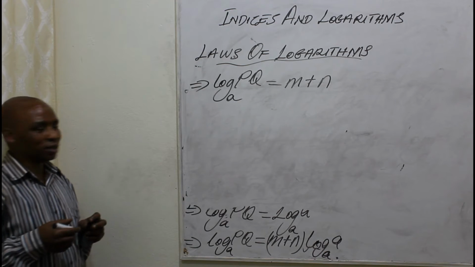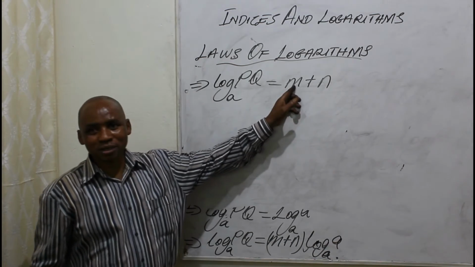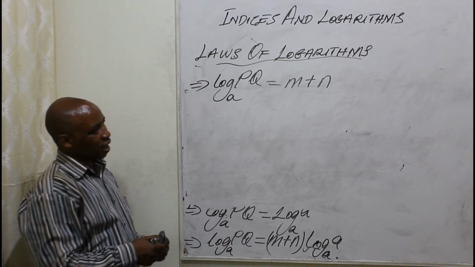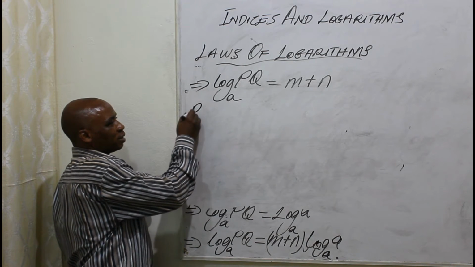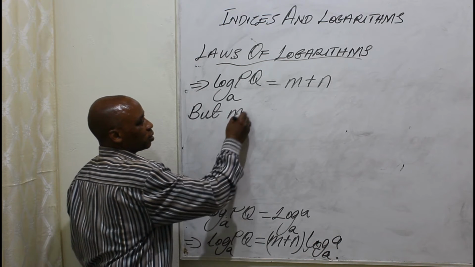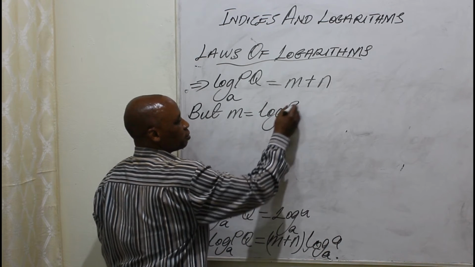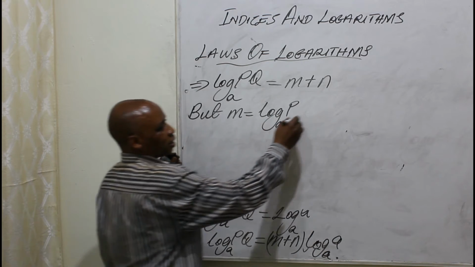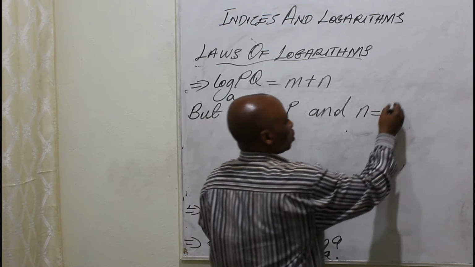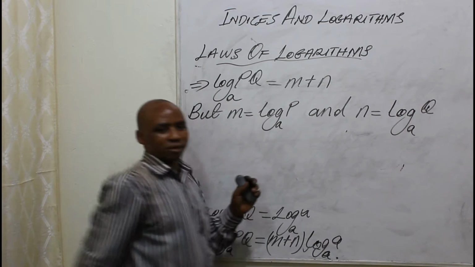Then from the early stages, that's why we said let p be equal to a^m. We ended up expressing it in logarithm form. And there we also had m being equal to log p base a and n being equal to log q base a.